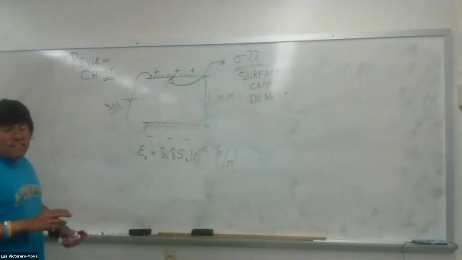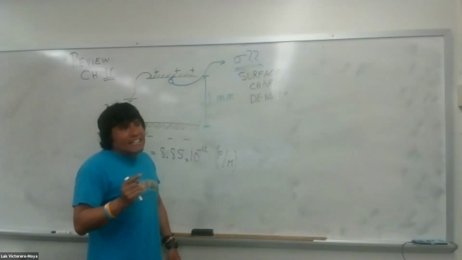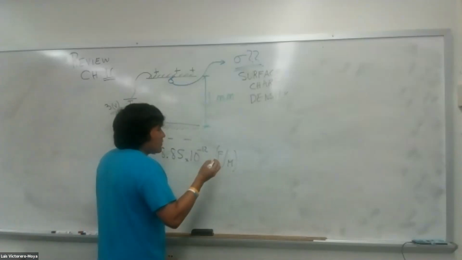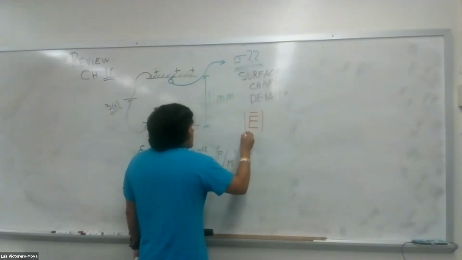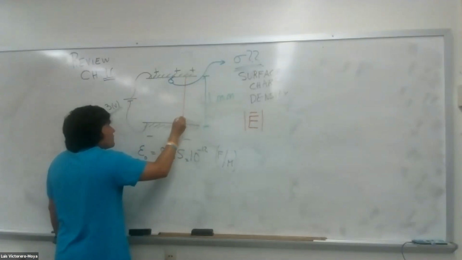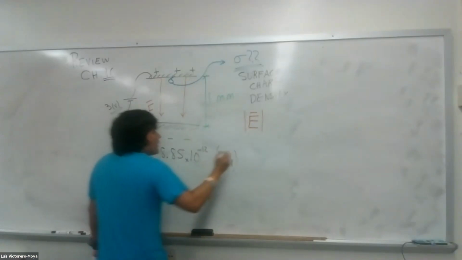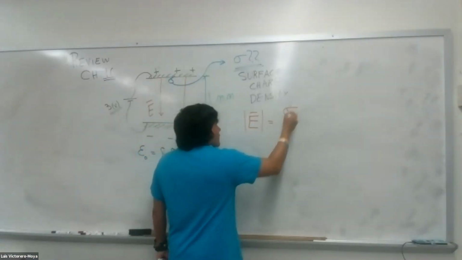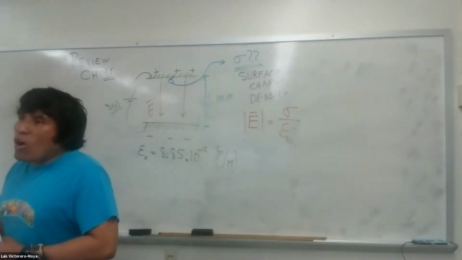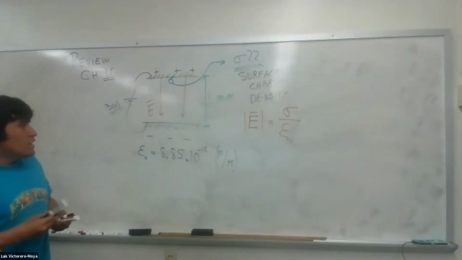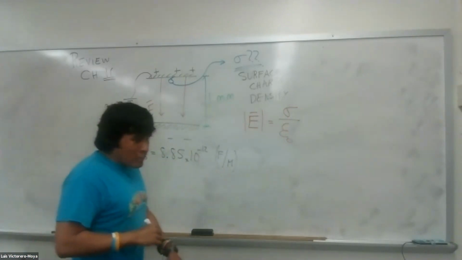If they ask you for the surface charge density, the only equation that relates the surface charge density is this. The magnitude of the electric field, which is like this, by the way, is equal to sigma over E naught. That's the only equation. So the problem is to find the electric field. How do you find the electric field?